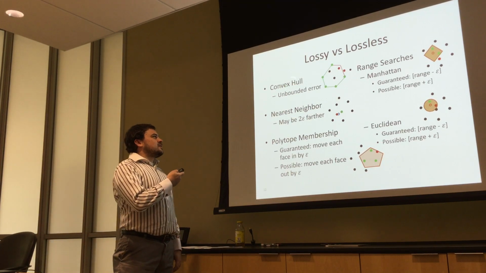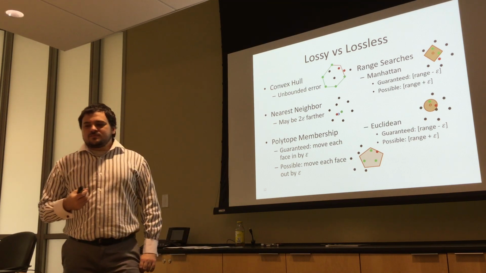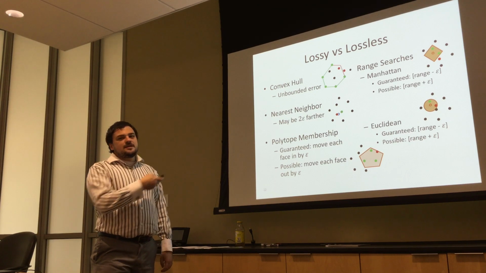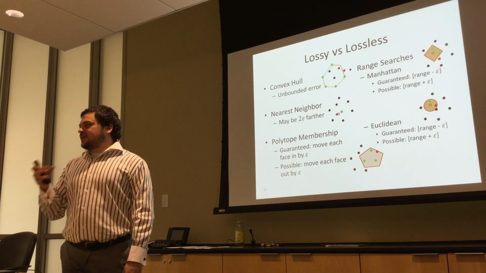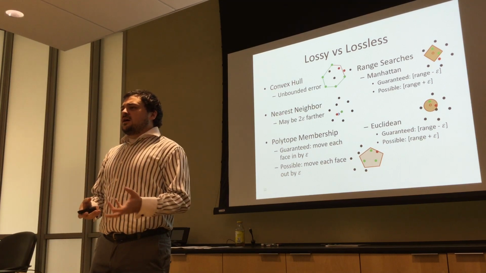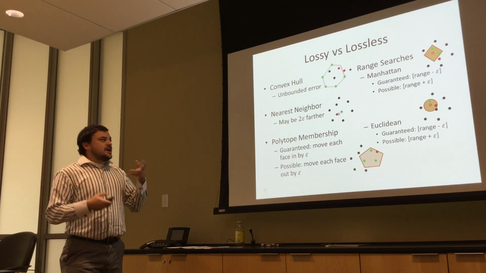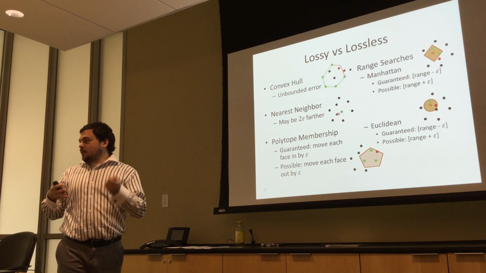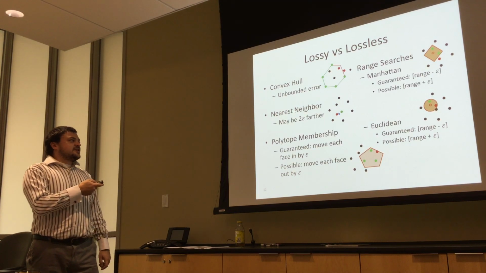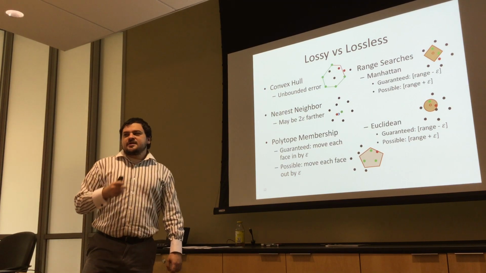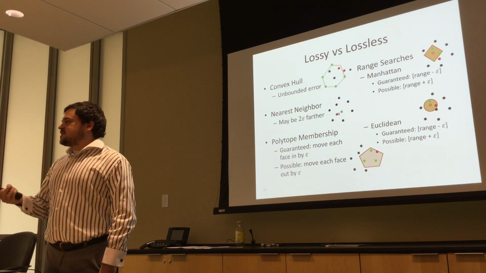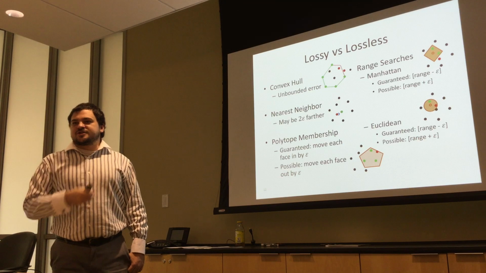For the convex hull, there's unbounded error in how many points could fall on the convex hull figure in the lossy compression-aware case versus the raw data, so there could be arbitrarily more or fewer vertices on that convex hull. In the case of nearest neighbor, the returned point could be up to 2 epsilon farther away in the lossy case compared to the traditional case.